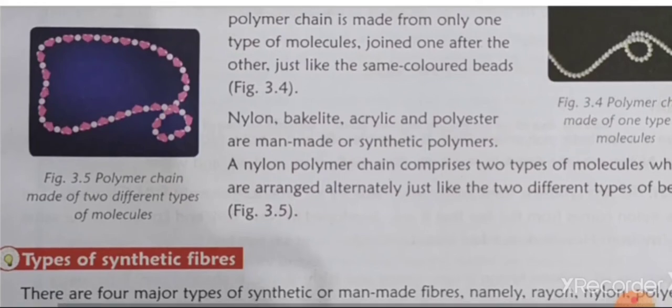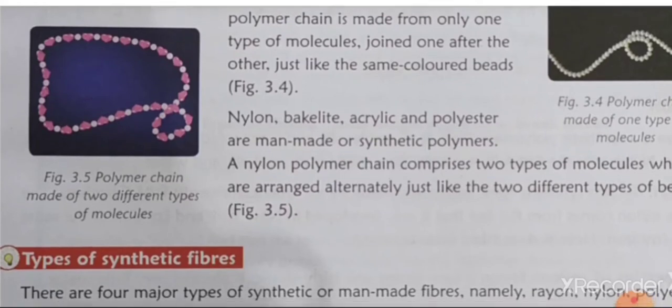Nylon, bakelite, acrylic, polyester are man-made or synthetic polymers. What is nylon? A nylon polymer chain comprises two types of molecules which are arranged alternately, just like two different types of beads.